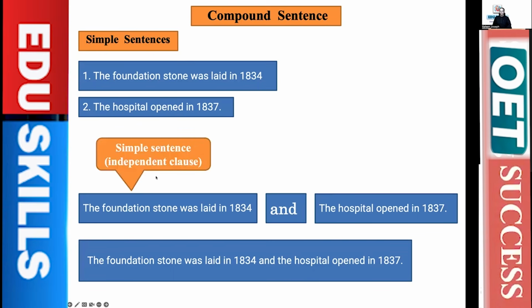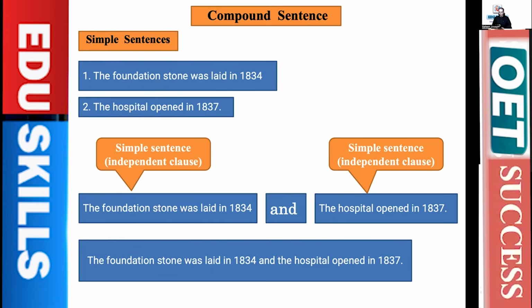Here you see a simple sentence. This is also known as an independent clause. Independent clause means it can stand by itself. It has a subject and a verb. It doesn't require any other portion of the sentence or another sentence to make sense. Then you have another simple sentence here. This is also an independent clause. I'm putting it in brackets because when we frame complex sentences, we should know what is an independent clause and what is a dependent clause.